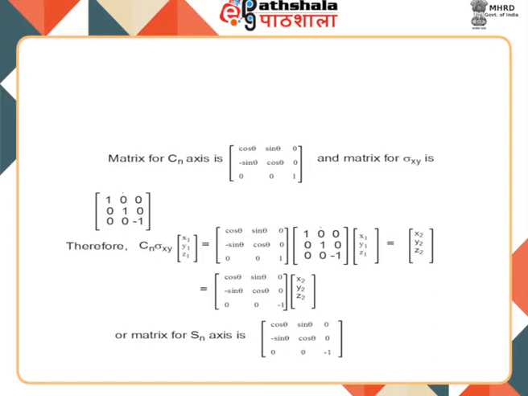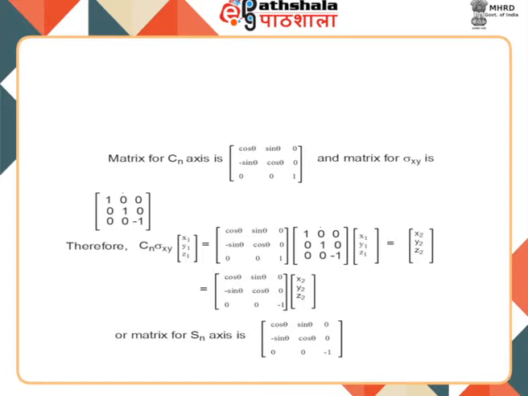Now take the matrix corresponding to Cn and the matrix corresponding to sigma z, multiply them together, and you will get the matrix corresponding to Sn, that is cos theta, sin theta, 0; minus sin theta, cos theta, 0; 0, 0, minus 1.